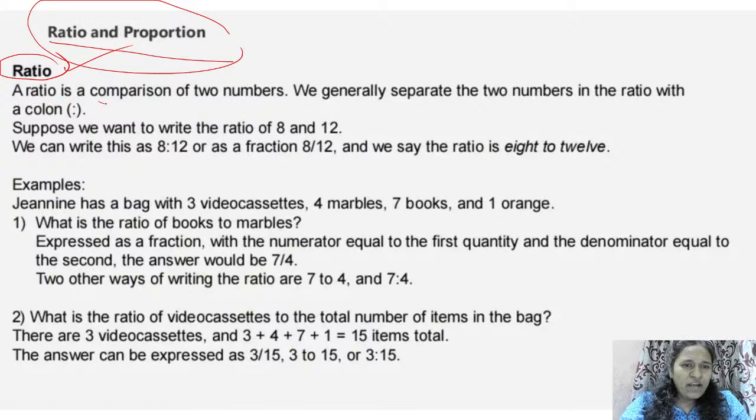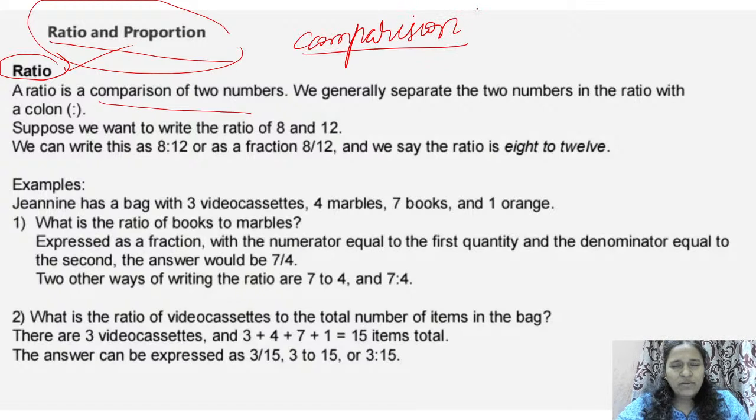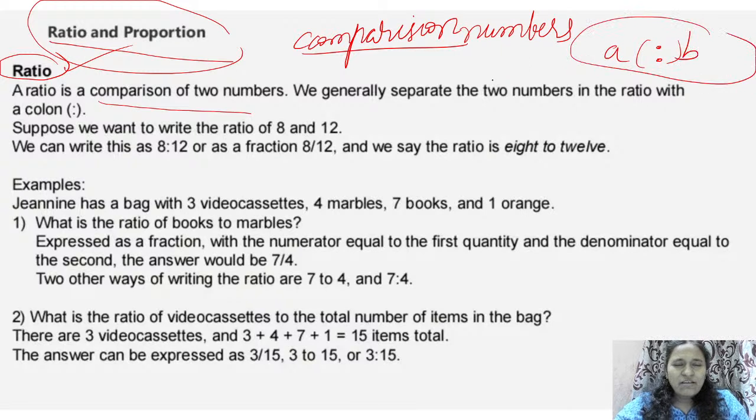A ratio is a comparison of two numbers. What is a ratio? It is a comparison between two numbers. We generally separate the two numbers with a colon, A is to B. This is the ratio.